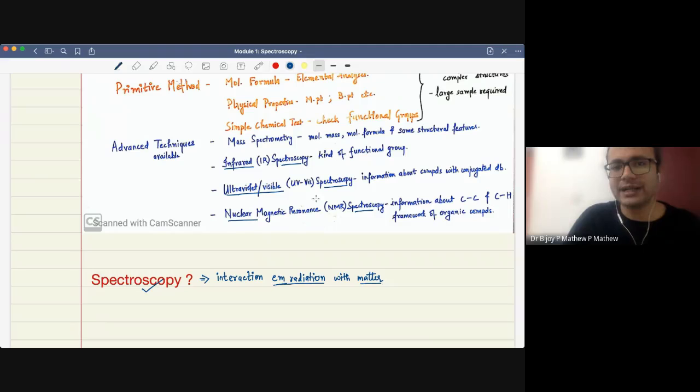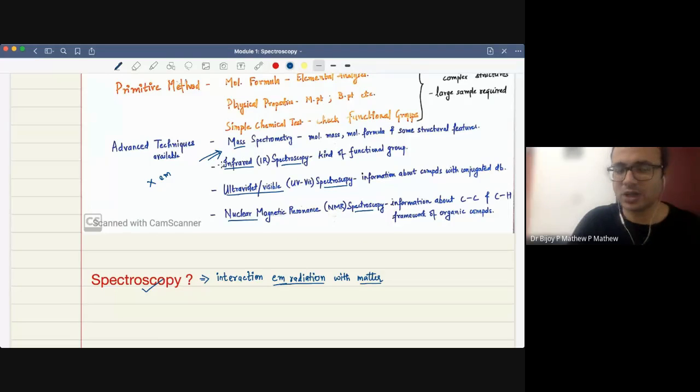Okay, but in mass, we are using a term called spectrometry. The reason is that here we are not using any kind of electromagnetic radiation, but rather a beam of electrons.